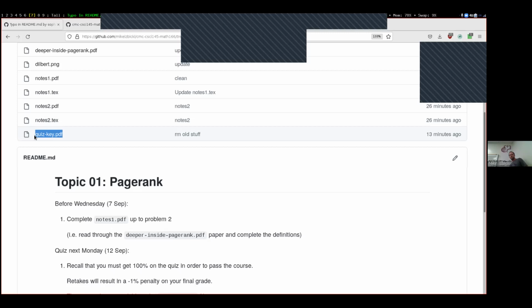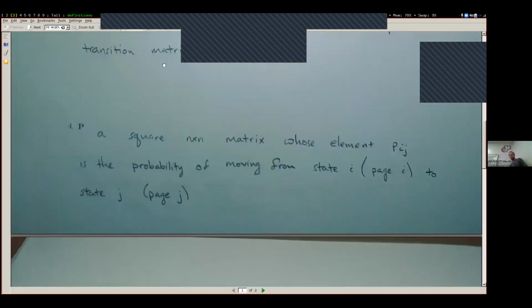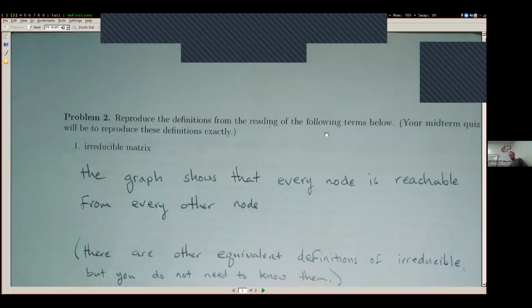So only problem 2, not problem 1. As for the actual format of the quiz, I'm just going to print out the pages from the notes for problem 2, pages 3 and 4 or whatever they are, and that's what you're going to get on Monday next week. You'll write out the definitions and hopefully it should be easy.